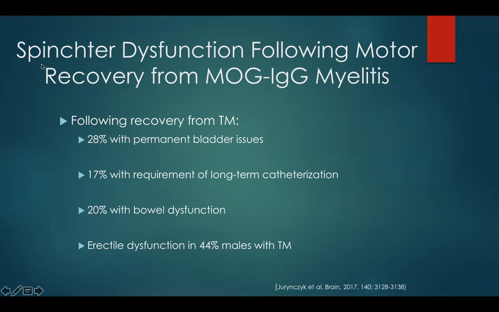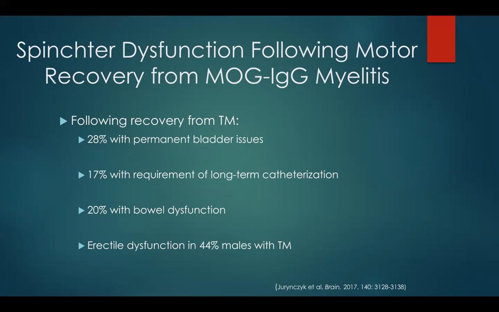Another point I want to make sure I mention, because this is different from NMO and MS, is that sphincter dysfunction can be permanent even though patients recover from motor symptoms with anti-MOG myelitis. So despite recovery from motor weakness from myelitis secondary to MOG, patients can be left with permanent sphincter disturbance that can be a big problem for our young adults with anti-MOG.